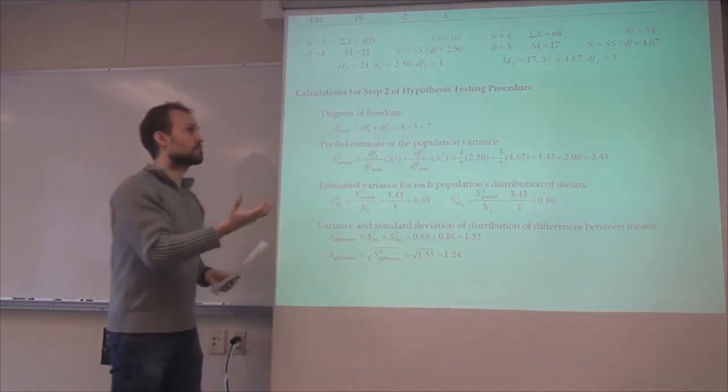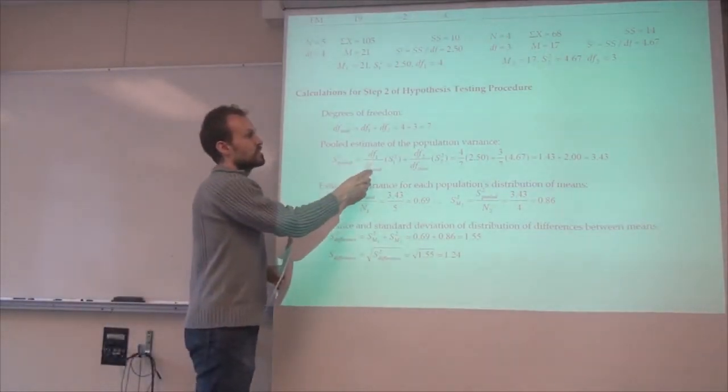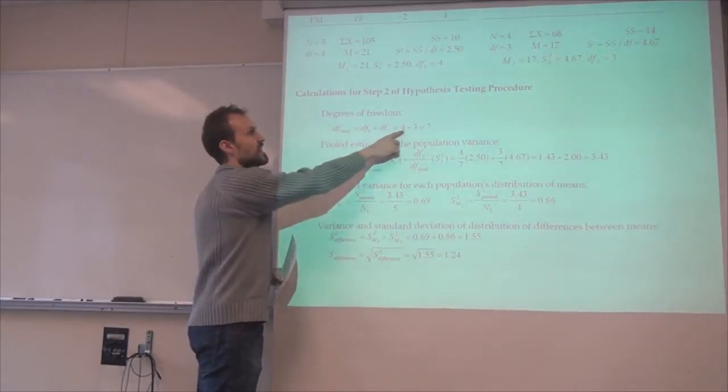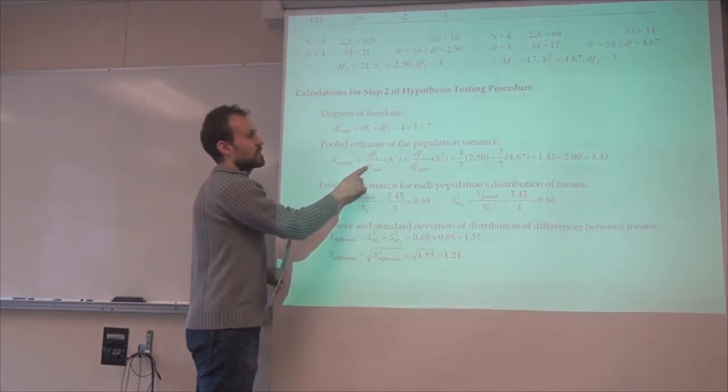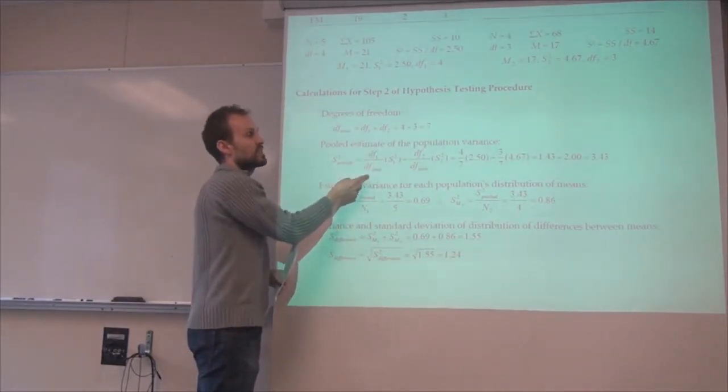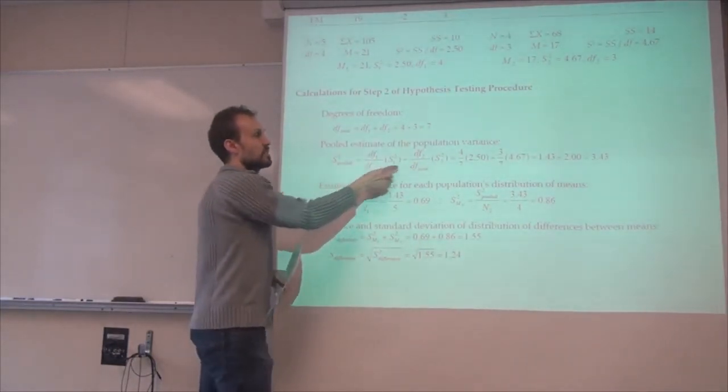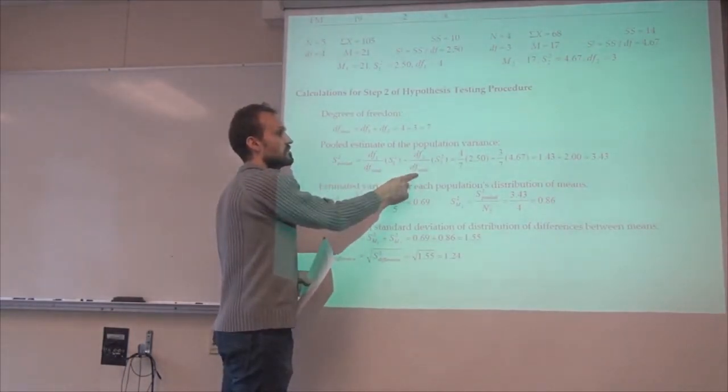The bigger sample will have a higher degree of freedom, so it should carry more weight. So this one has a slightly higher degree of freedom, so it'll have a weight of 4 out of 7. And this one will have a weight of 3 out of 7.